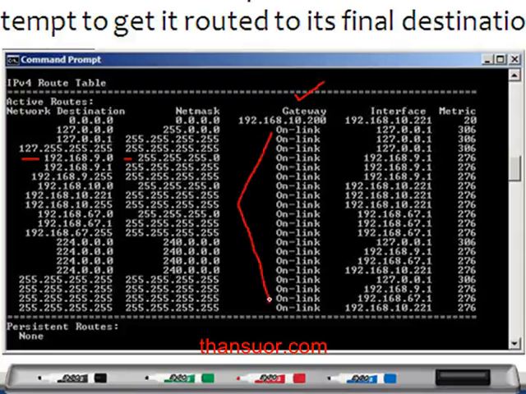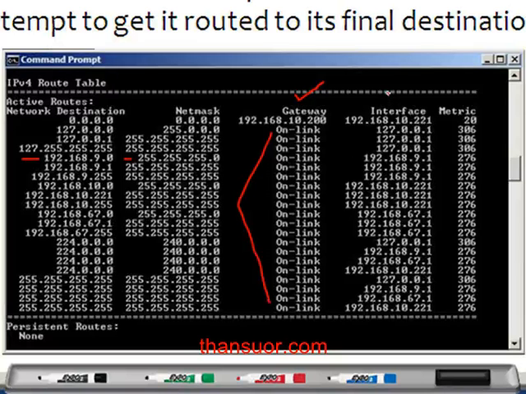And the reason they say on link is that means we're not going to send it off to any particular gateway or router, right? That's default gateway would stand for the default router. Well, gateway in this instance is a little different than when we talked about it previously where it was a protocol translator. Now gateway means router or possibly additional router or alternate router. On link means keep it right here. Send it directly to the destination IP address.